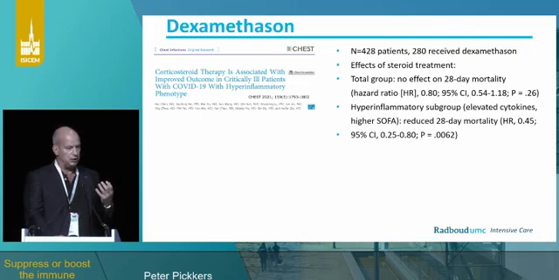What they did was they looked for elevated cytokines and higher SOFA scores, and in the total group, they did see a hazard ratio of 0.8, so there's a signal of benefit, but this did not reach significance because of little statistical power. But in the subgroup of hyperinflamed patients, that was even smaller, the reduction in mortality was even much more pronounced.